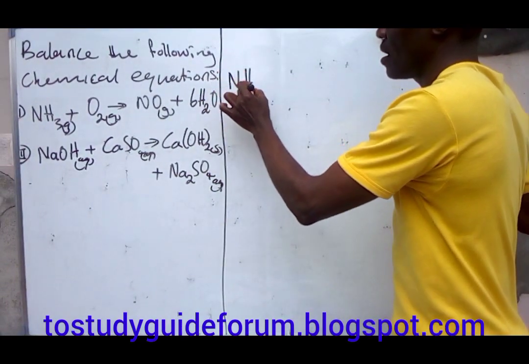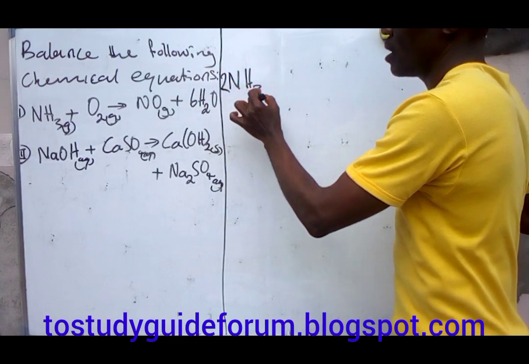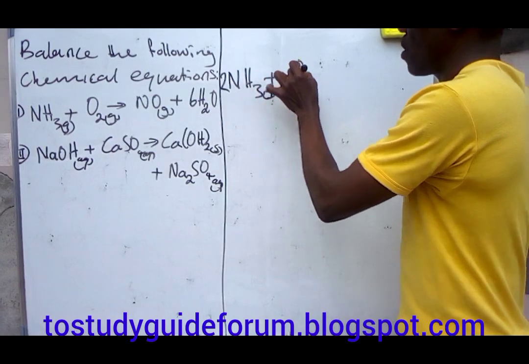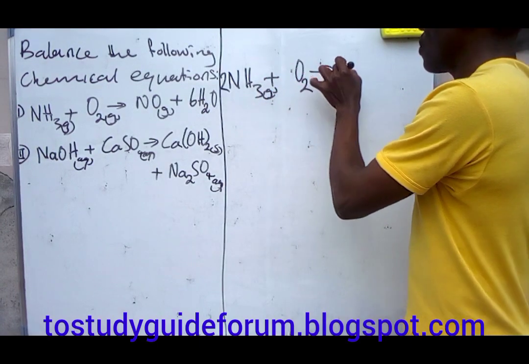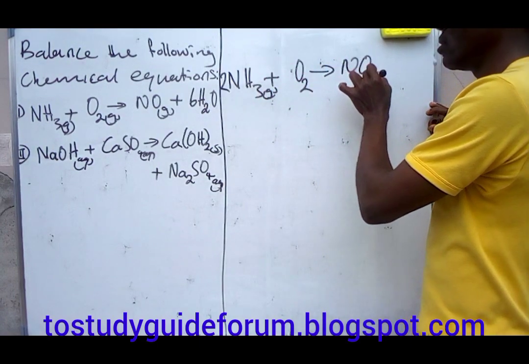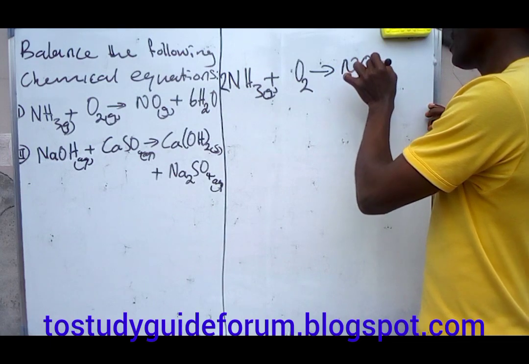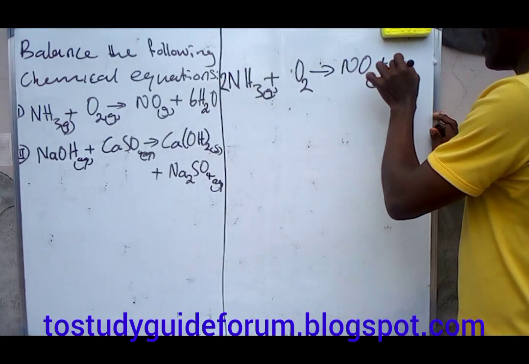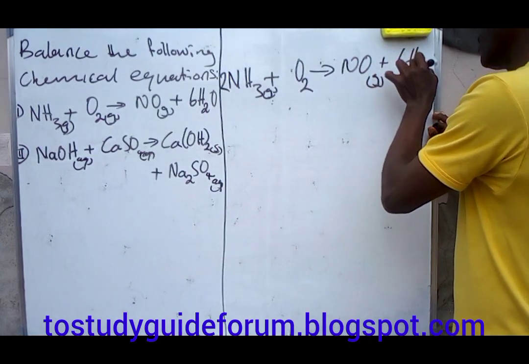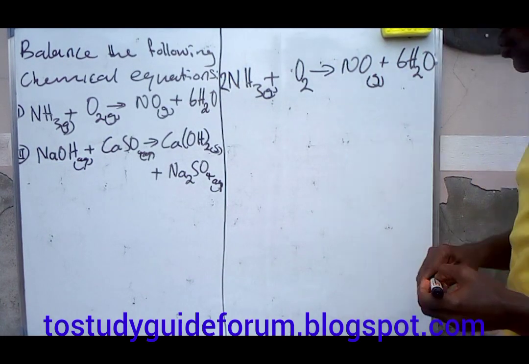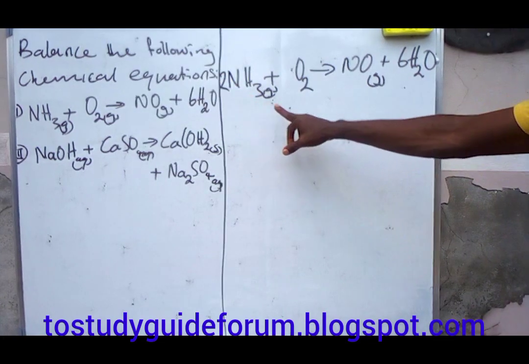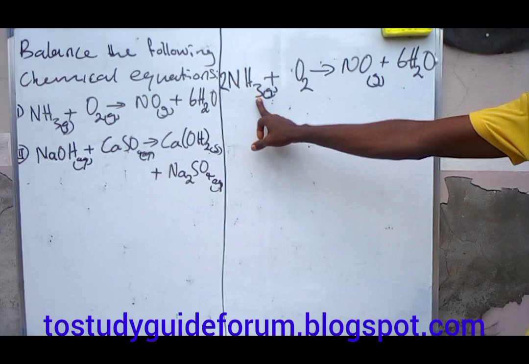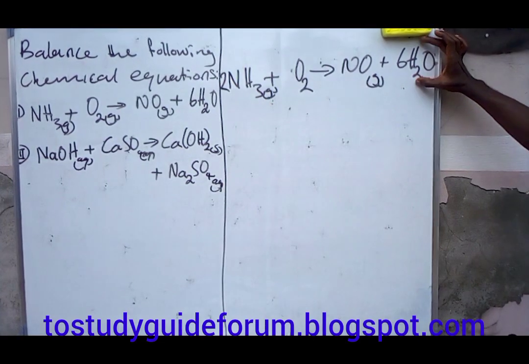So if we are to do that, let's quickly do it. We put 2 here, and then we have oxygen, and we have nitrogen gas, and then we have our water. By adding 2 at this end, we have succeeded in making this hydrogen 6, because it's 6 here.